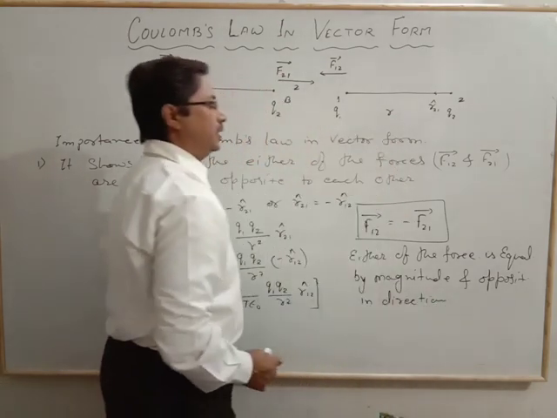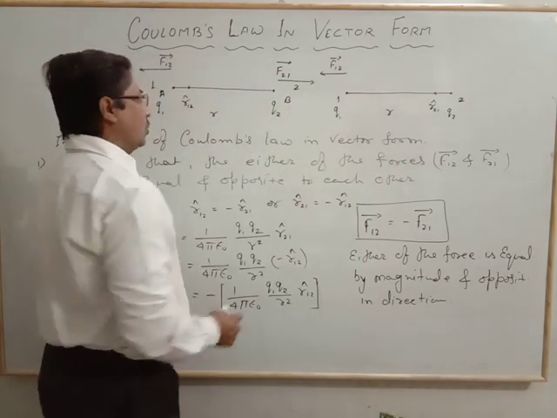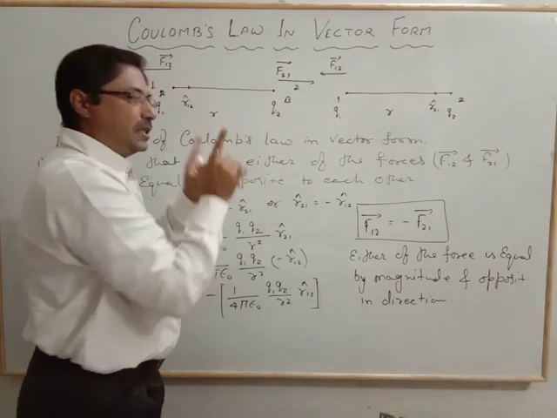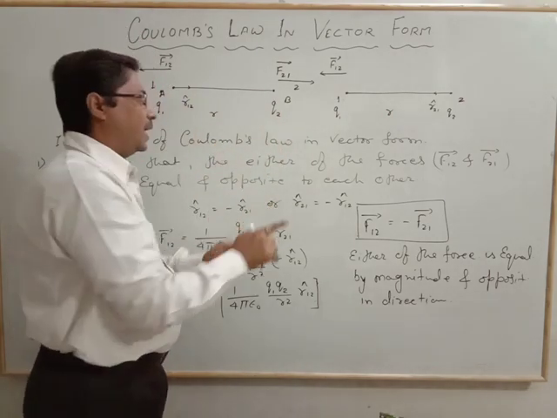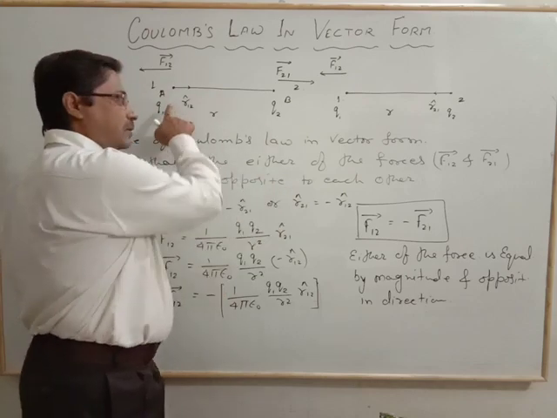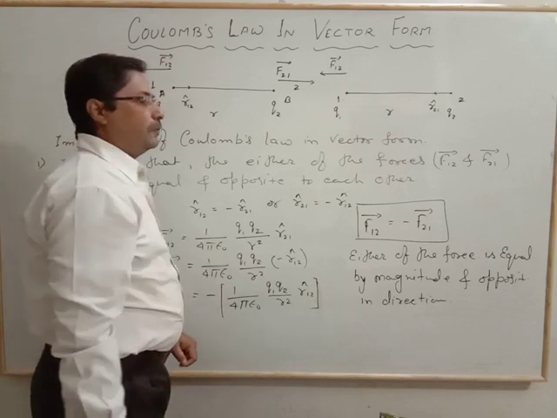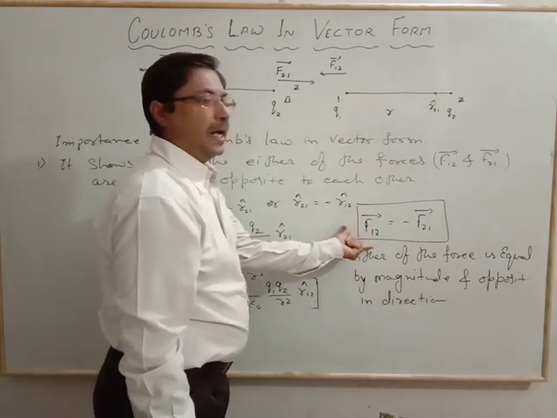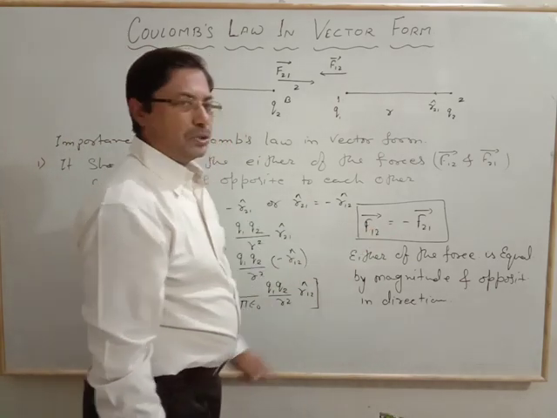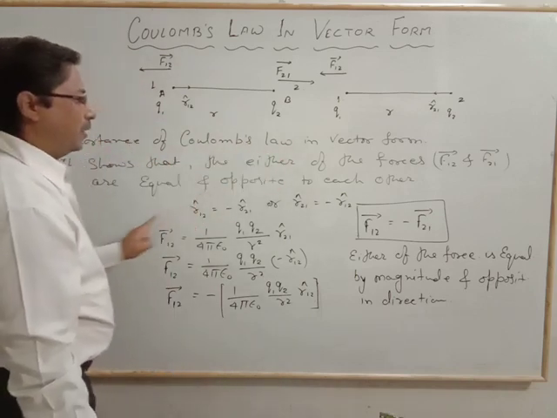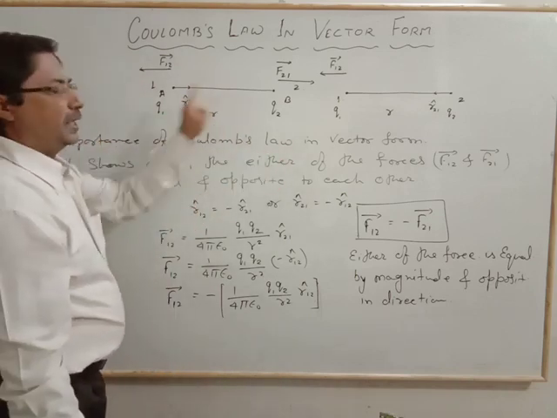So it obeys Newton's third law. Whatever force acts over the first, the same equal force acts over the second also, and either of the forces only has the opposite direction, but the magnitude is the same. So the first importance of Coulomb's law in vector form is that the two forces are equal and opposite.